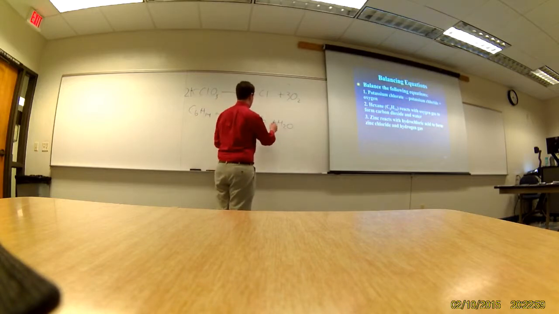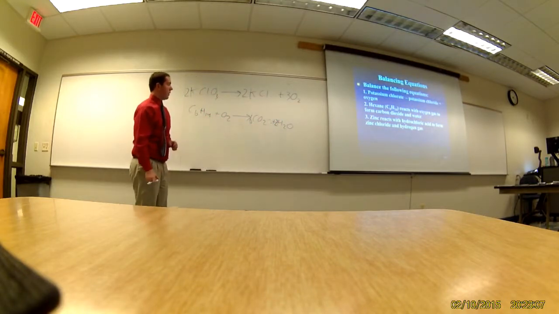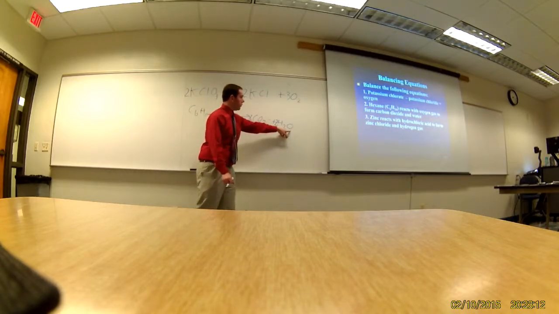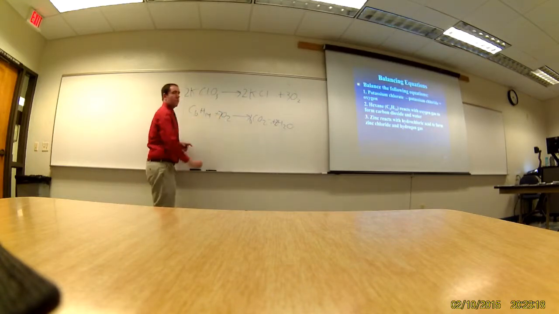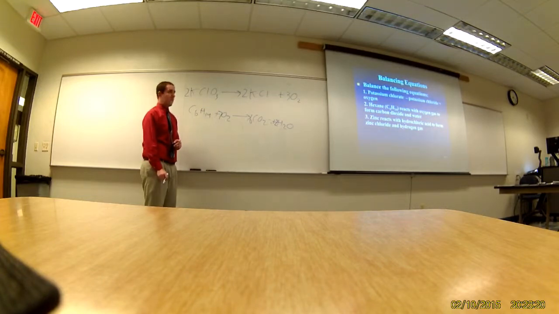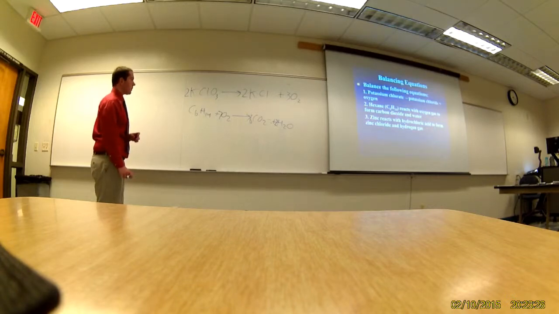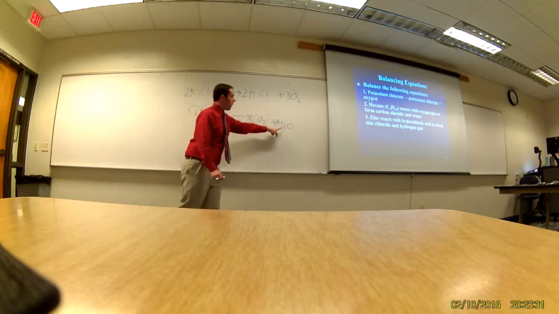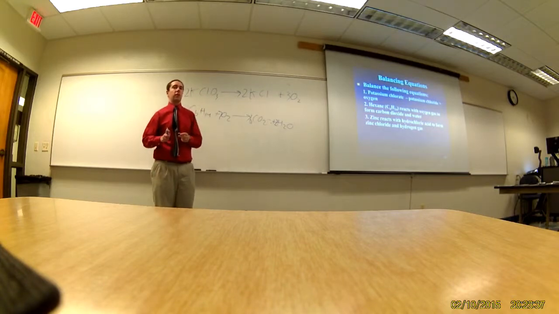So let's put a 2 there. How many oxygens are on this side now? 14. 6 times 2 is 12, plus 2 is 14. There's 2 over here, but I can always do pairs. That one's easy. You can put a 7 there and you get 14. Are my hydrogens balanced? No. There's 14 and 4. So I'm going to have to change something. What do you think I should change?